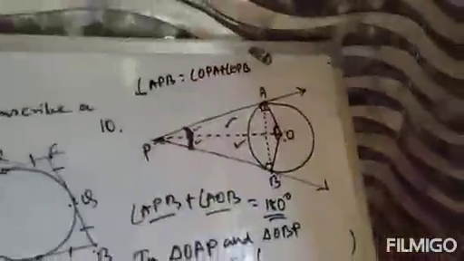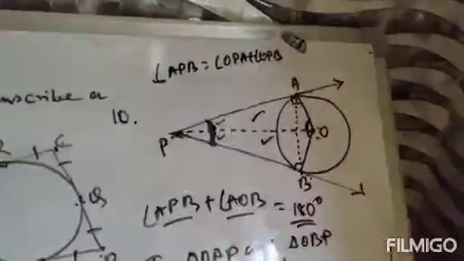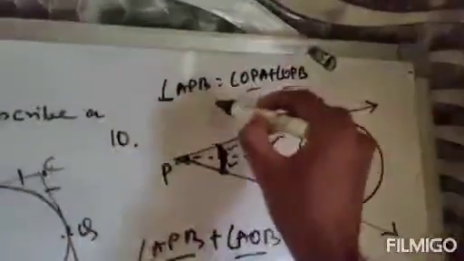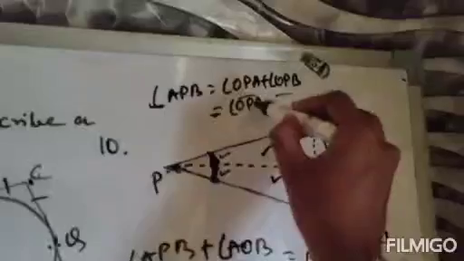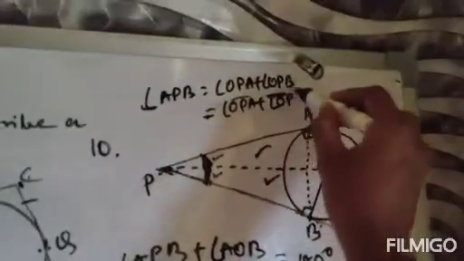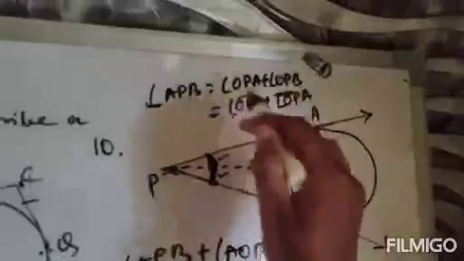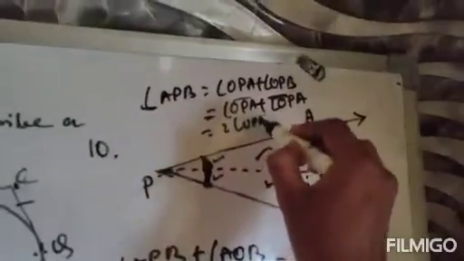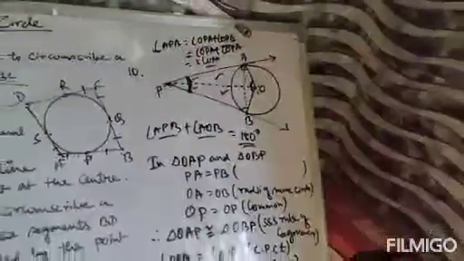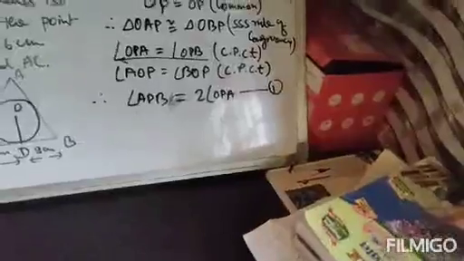Since these two angles are equal, we can write angle OPA in place of OPB. That means angle APB equals 2 of angle OPA. That's why I have written it. Clear? That is equation number 1.